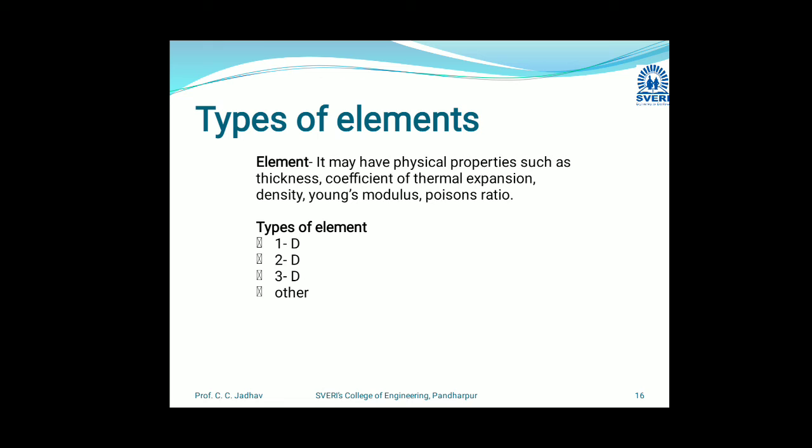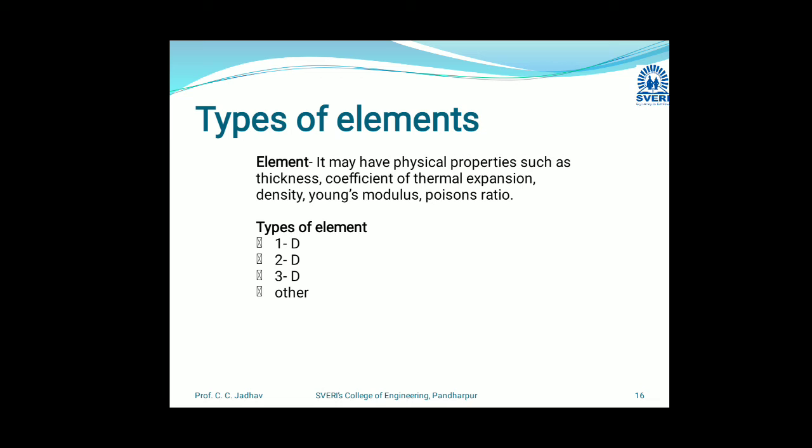Next point is the types of elements. In the types of elements, there are 4 types: first, one-dimensional; second, two-dimensional; third, three-dimensional; and last, other types. Before starting the types of elements, we will see the definition of an element.